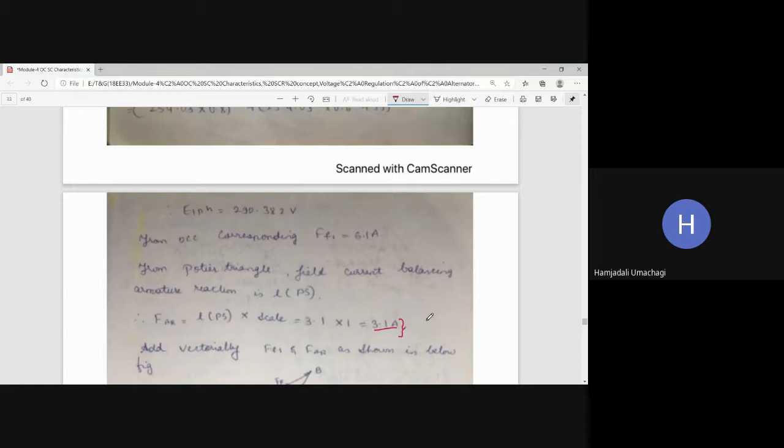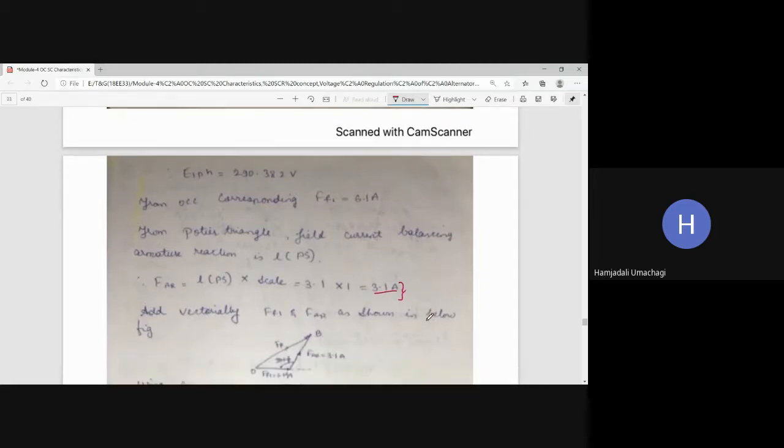You are very near to the answer, 3.1. You can consider it as 3.1 for timing. It all depends upon how you construct the graph. Based on that there will be a minor difference, but that is okay. The difference should be well within the nearby range. It should not deviate from the answer with a large difference.